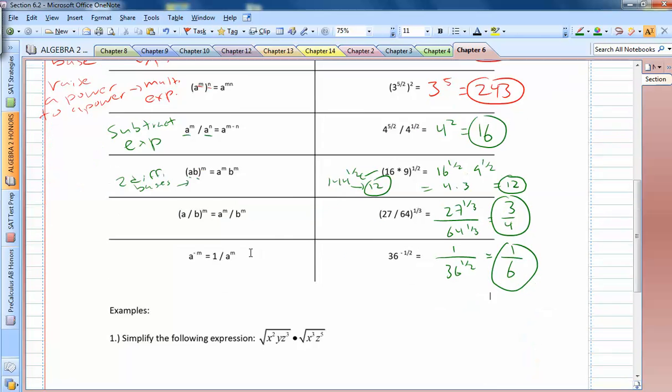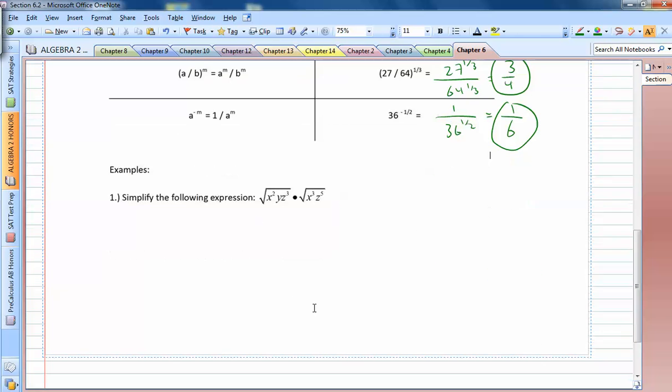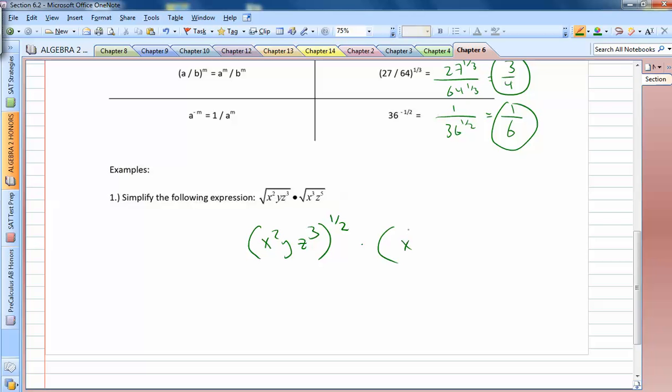So let's do one example, and the video will be over, I promise. So if we think about it, because it's square roots, we can raise each to the half power. So this we know from section 6.1.